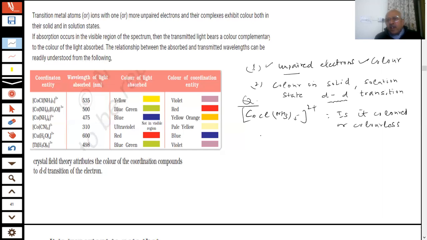The oxidation state of cobalt here, if it is x: x - 1 + 0 = +2, so x is equal to +3. Everything we did will be used. If we don't do that properly, then we are not able to do the question further.